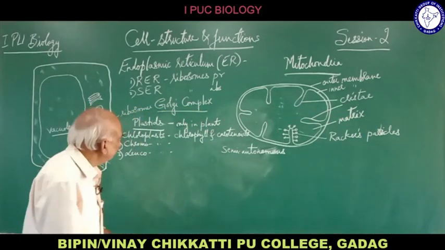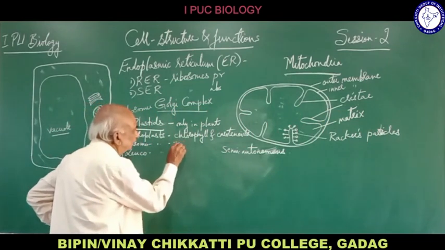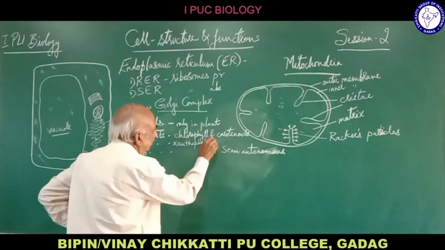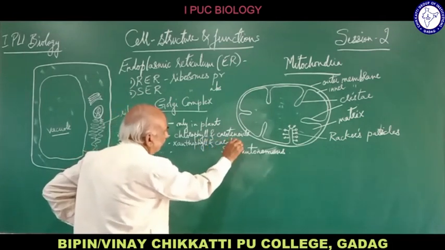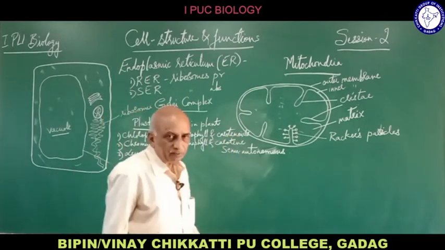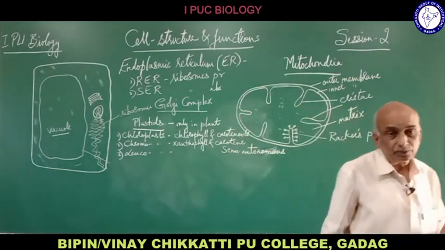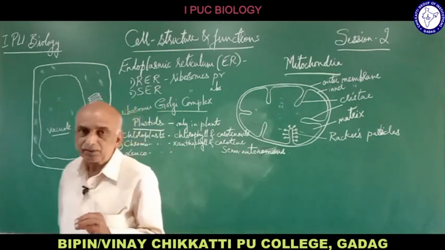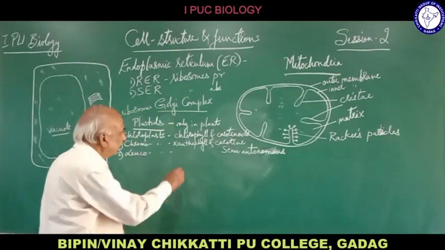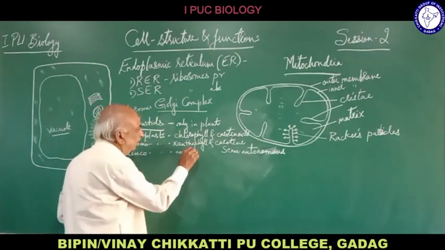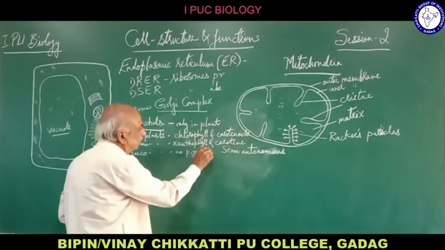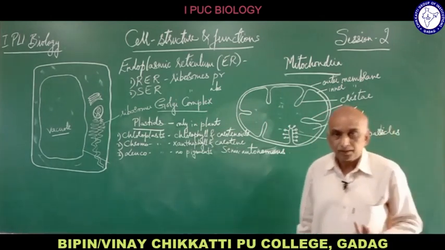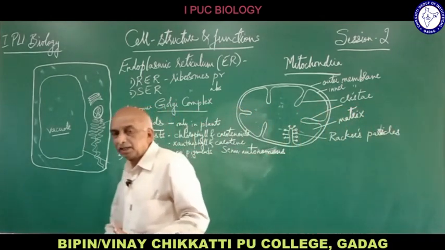Now if the plastid contains xanthophyll and pigments like carotene, which are similar to carotenoids to some extent, it is called a chromoplast. Suppose there are no pigments at all, so it does not contain any pigment, then they are colorless plastids.